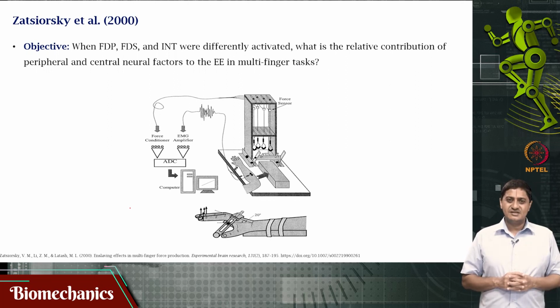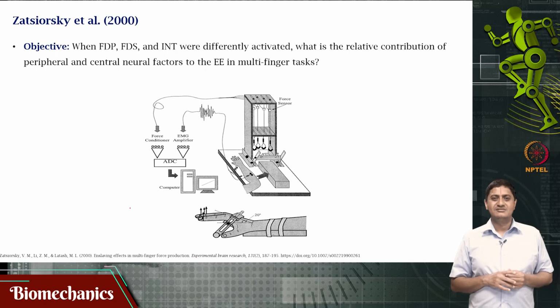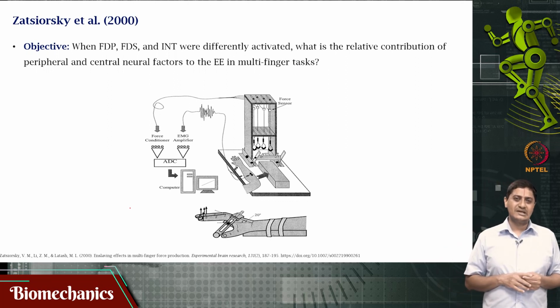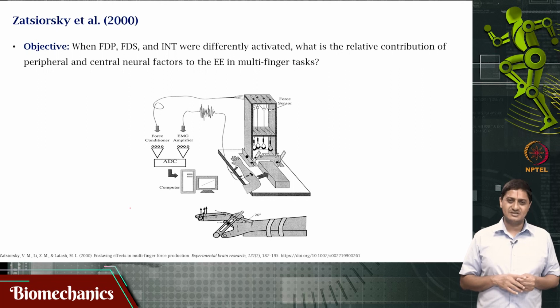Because of this reason, if I use different segments, either the proximal phalange or the distal phalange or the middle phalange to produce the force, then I would be activating only the muscles that are supporting that phalanx, is it not? Using this, Zatsiorsky and colleagues designed a novel experimental approach, a tool to study this.